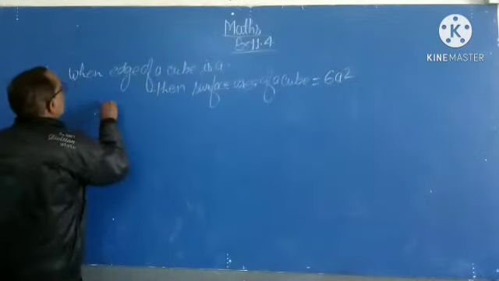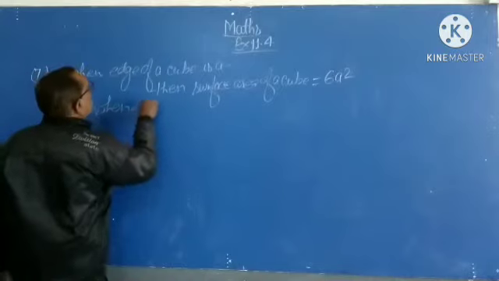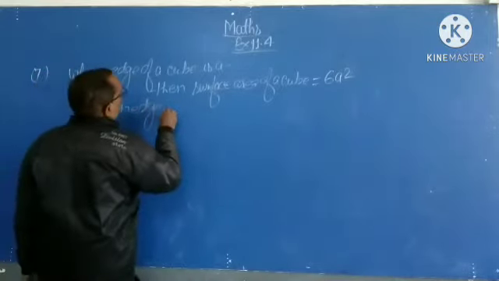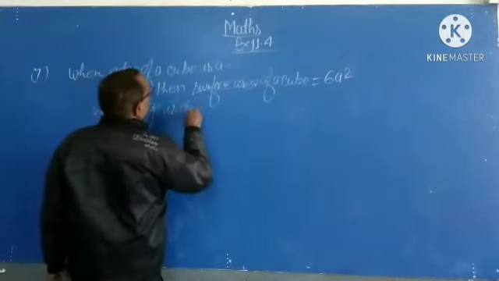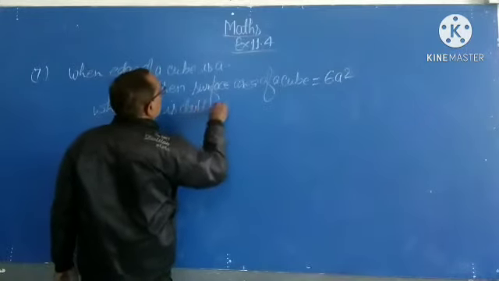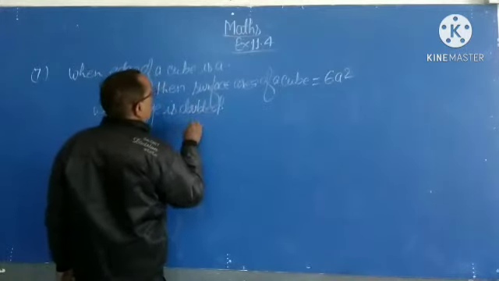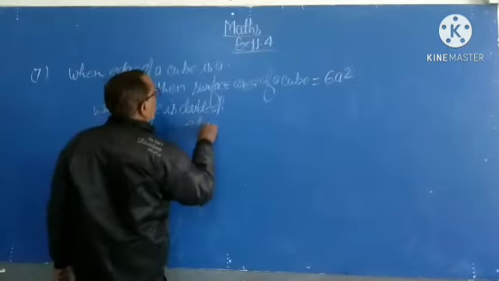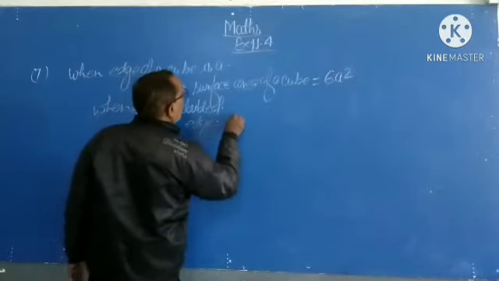When edge is doubled, then edge is equal to 2A.